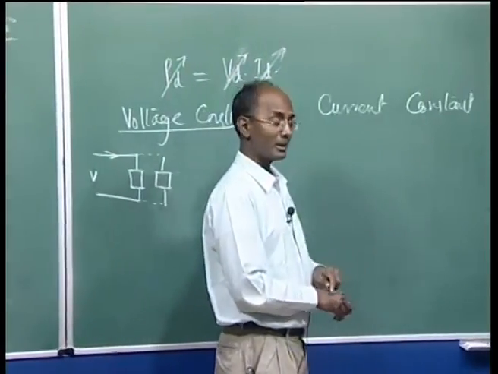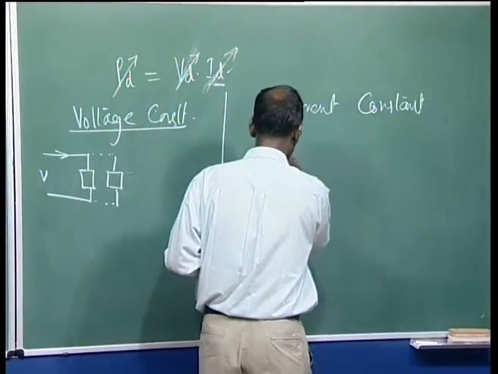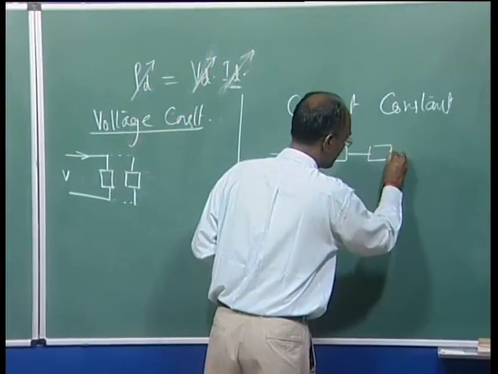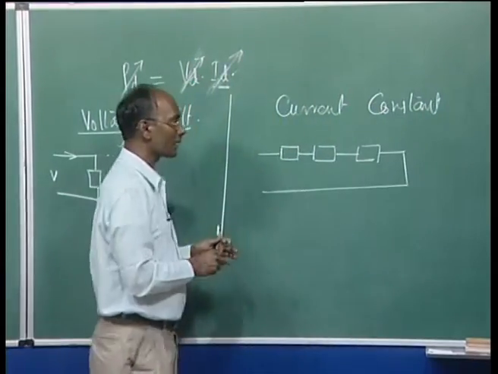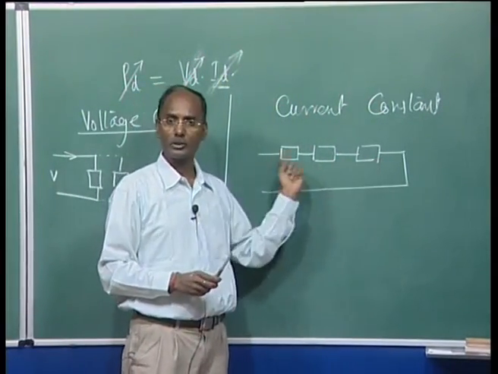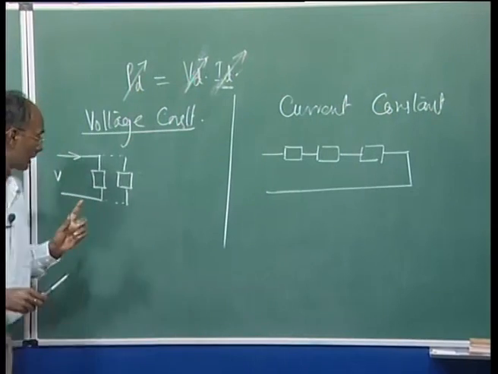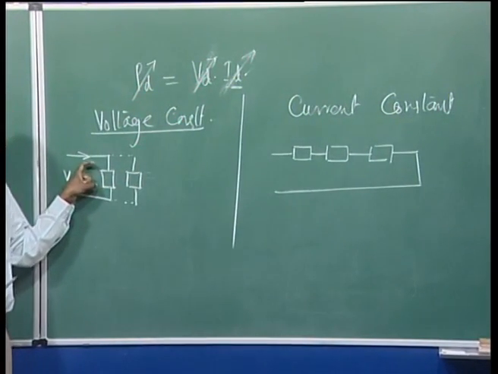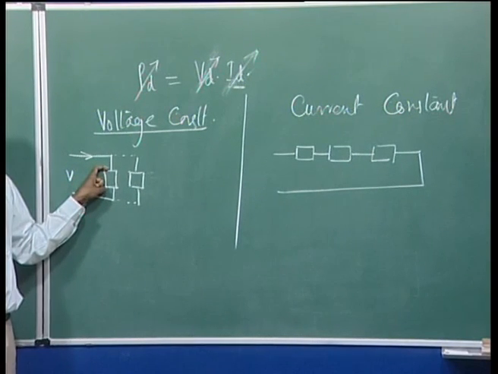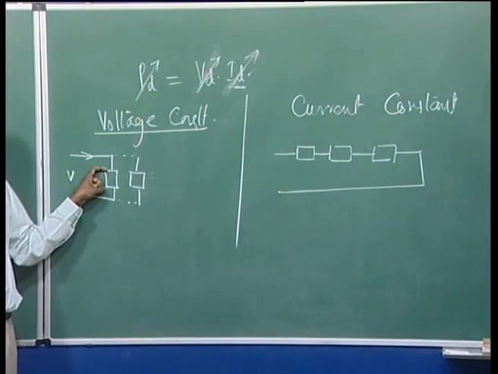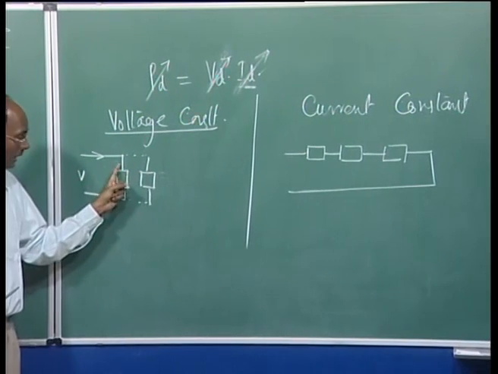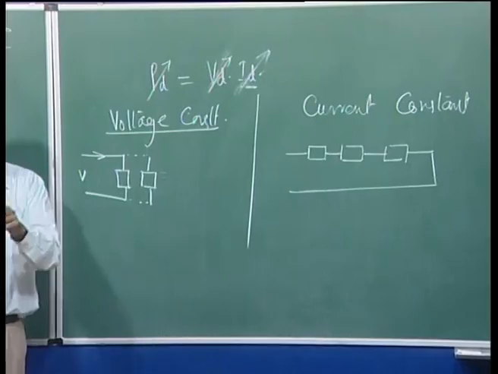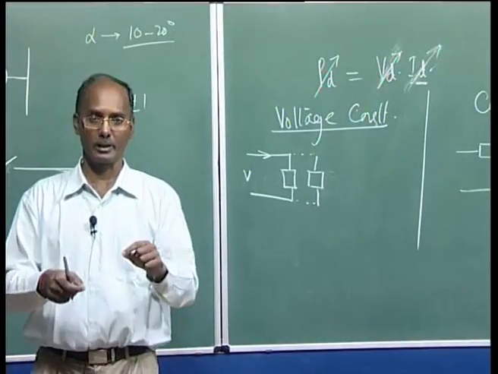In constant current, we connect all the loads in series, so that whatever current is flowing is the same throughout. In the parallel case, the current is different in each branch, because it depends upon the impedance of each load. The voltage across all of these is the same, so all the loads bear the same voltage but different currents.